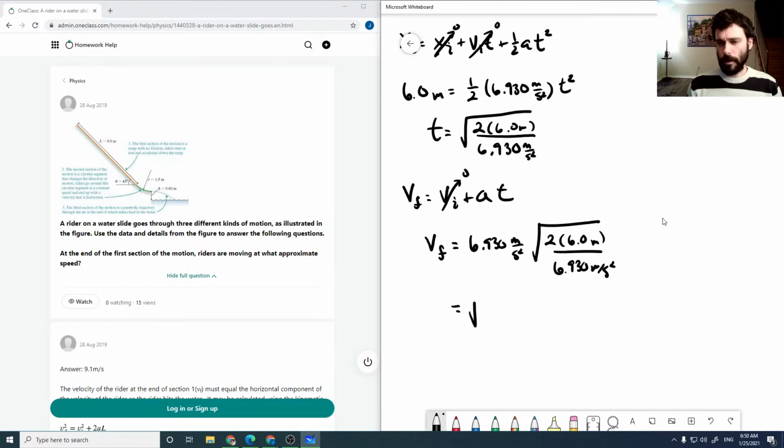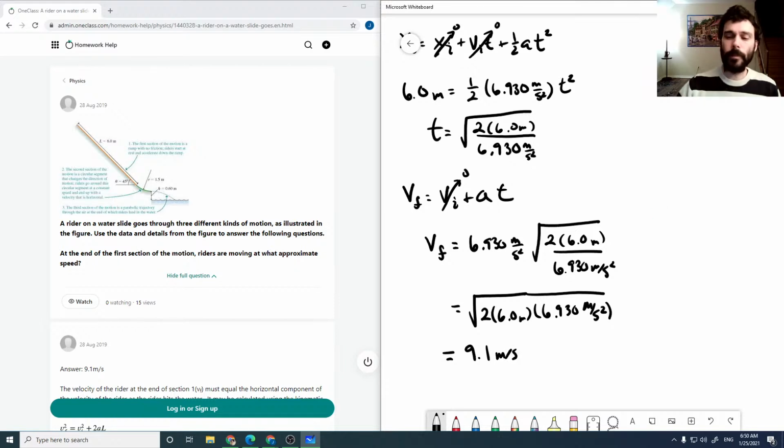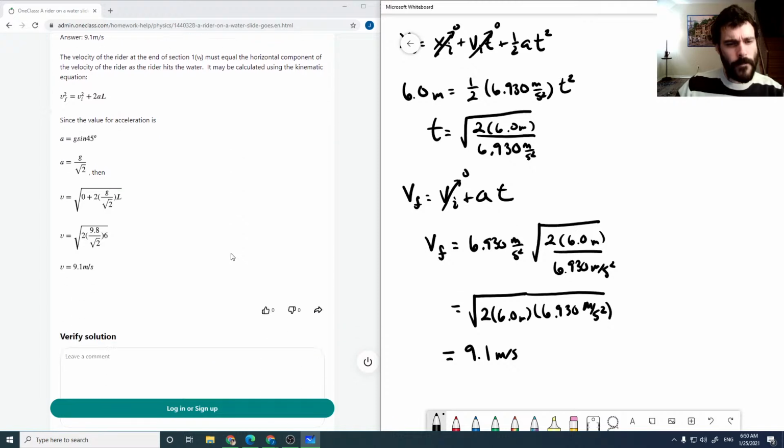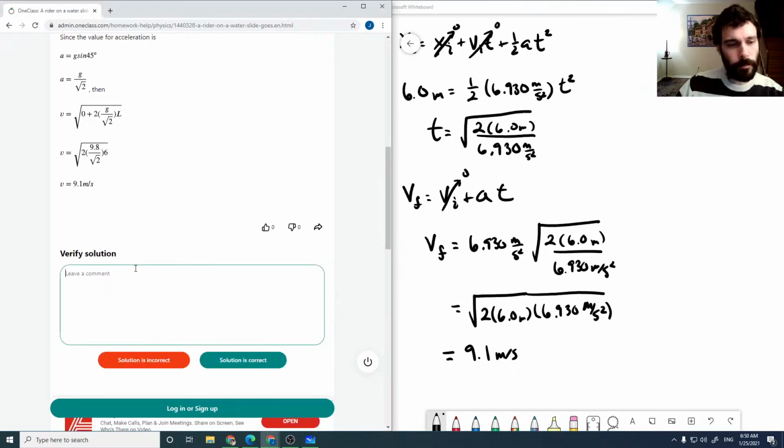And so this is square root of 2 times 6 meters times 6.930 meters per second squared. So if we do that on our calculator, we get a vf of 9.1 meters per second. Checking through our solution here, we get indeed 9.1 meters per second. So that looks good.